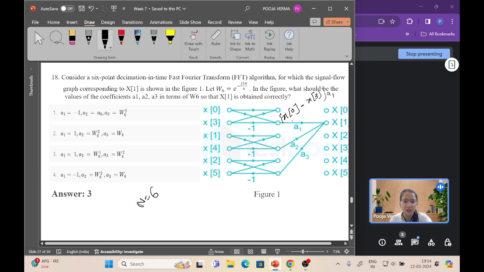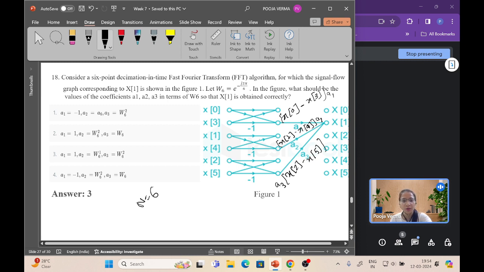Then from here, x(1) minus x(4) multiplied by a2, right? And similarly in this line we will get x(2) minus x(5) multiplied by a3.